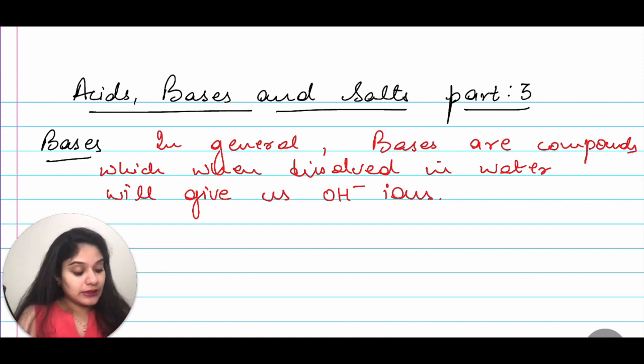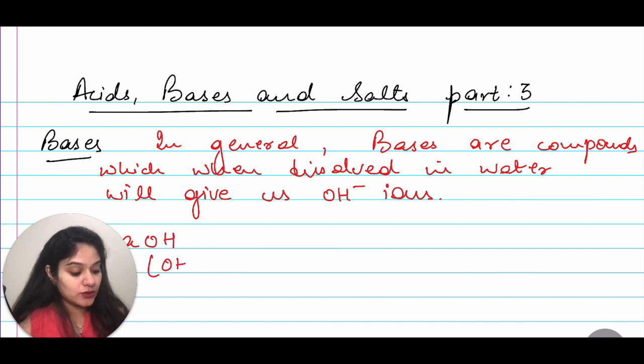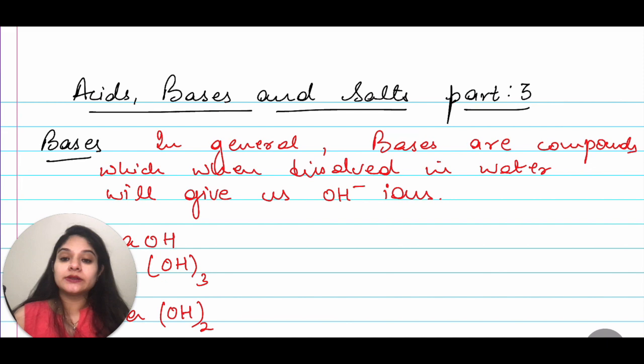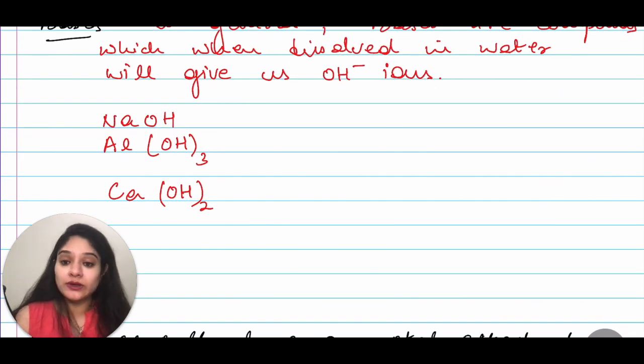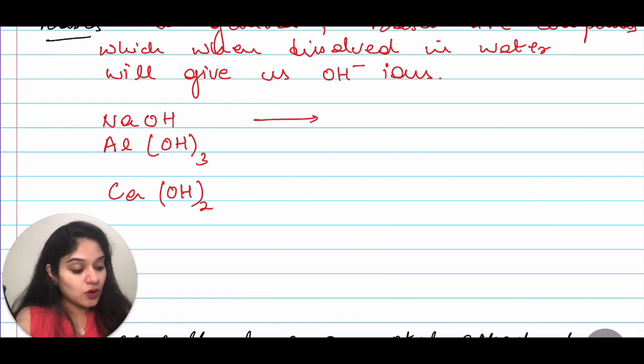Let's say we can have NaOH, aluminium hydroxide, Al(OH)3, and calcium hydroxide, Ca(OH)2. These are certain examples of bases that we can have, and if we dissolve these in water, what do we get?